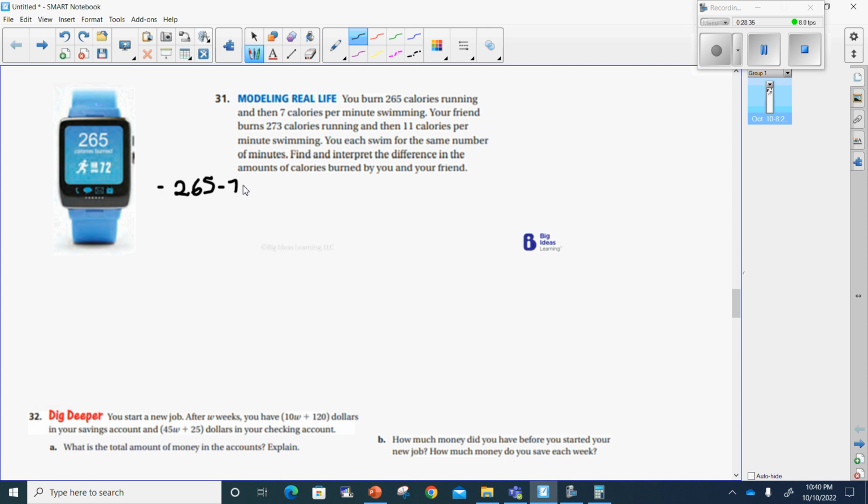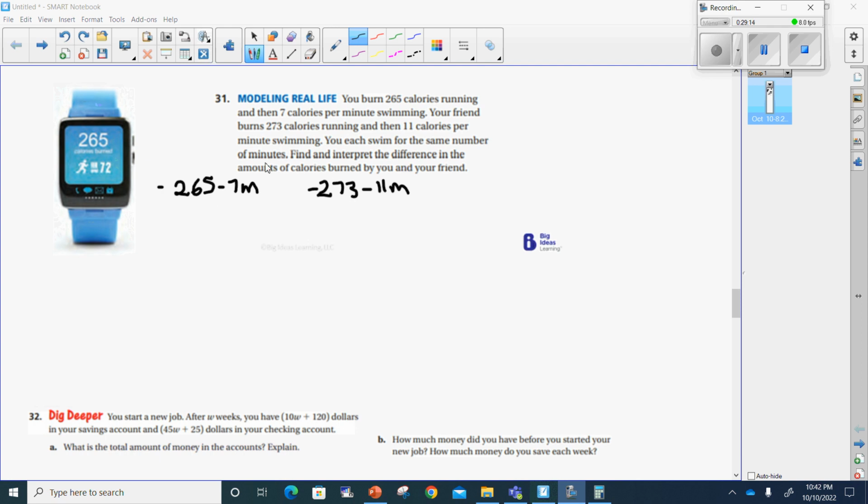And I don't know how many minutes are going by, so I'm going to put times m, in your pool. Your friend burns 273 calories running, and then 11 calories per minute, so that would be times m. Okay, you each swim for the same number of minutes. Find and interpret the difference in the amount of calories burned by your friend and you.